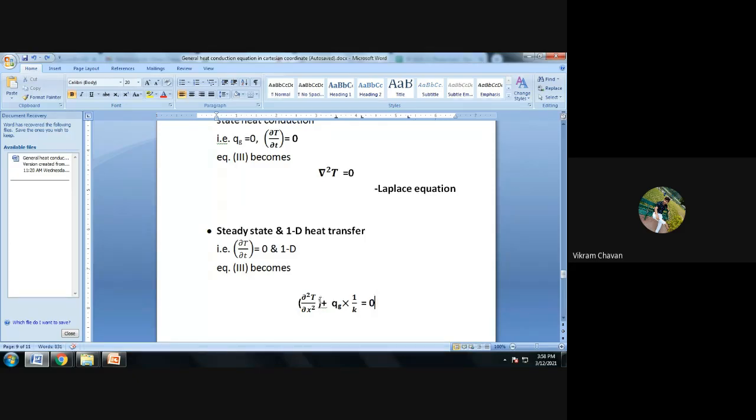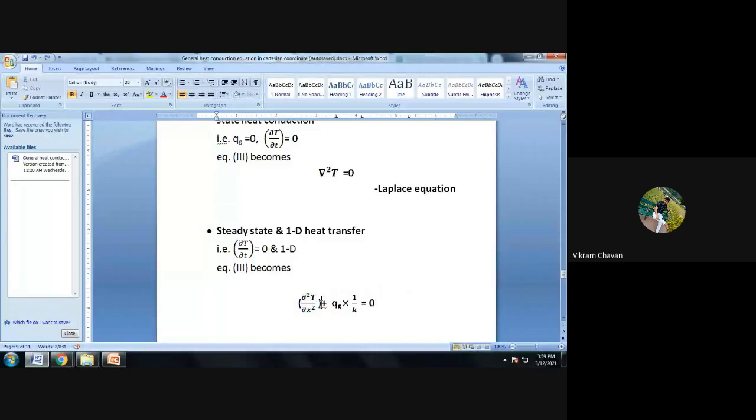The y and z coordinates are removed; the temperature change with respect to y and z we consider as 0, and we only consider the temperature change with respect to the x axis. So only one coordinate, the x coordinate, is considered here.